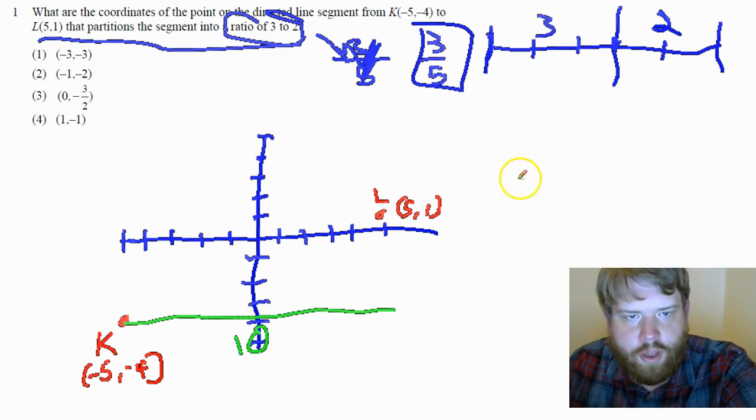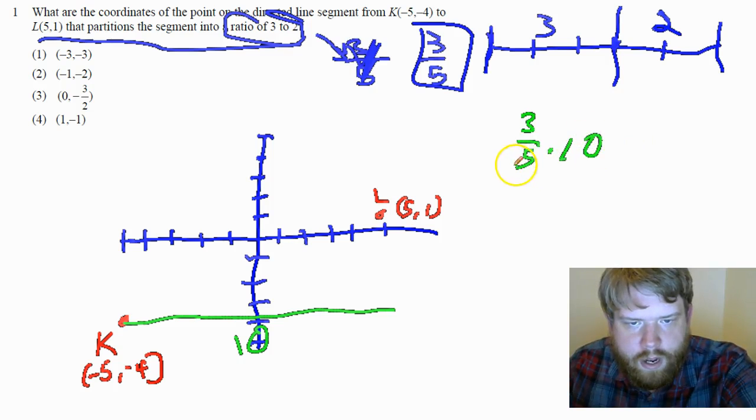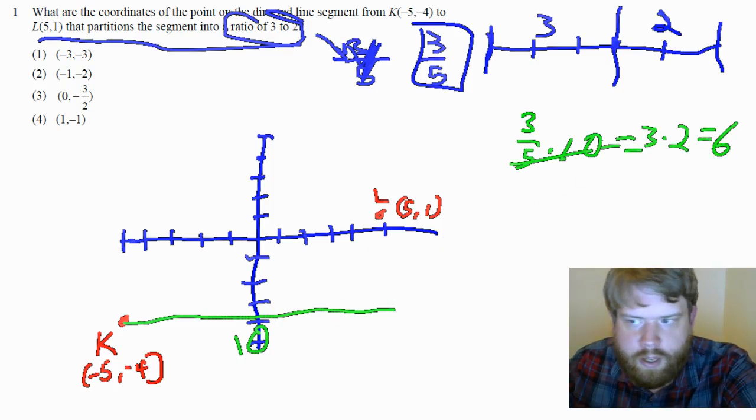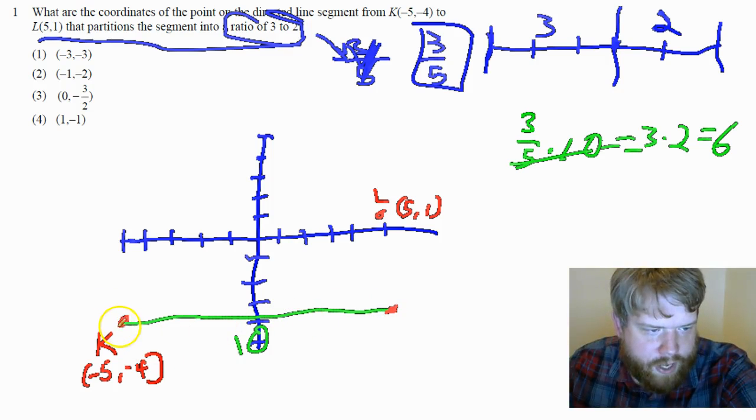So what is 3/5 of 10? That's going to cancel and turn into 3 times 2, which is 6. Check it on your calculator if you don't believe me. So instead of going the full distance of 10, I'm now only going to go 6 up from -5. 1, 2, 3, 4, 5, 6.